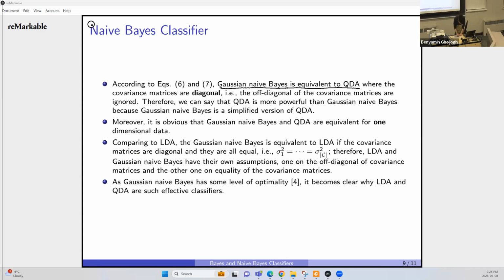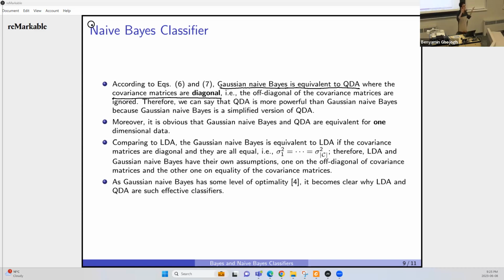Where the covariance matrices are diagonal. By the way, note that I told you that Bayes reduces to QDA if the likelihoods are actually Gaussian. However, if the likelihoods are Gaussian and the covariance matrices are diagonal, what does it mean? The features don't depend on each other.